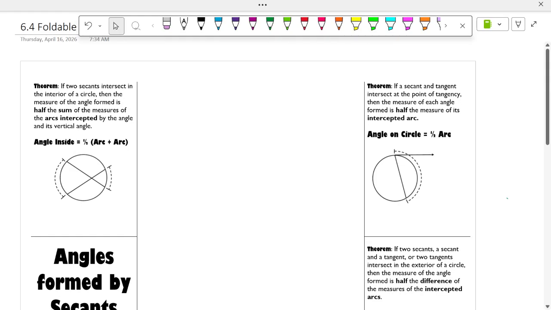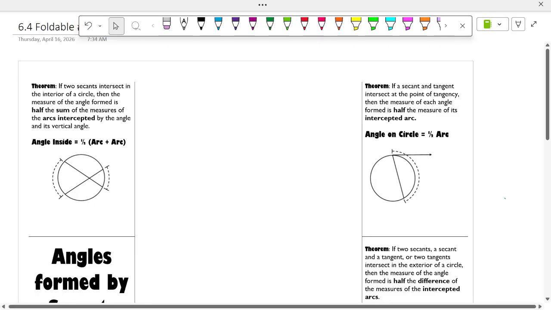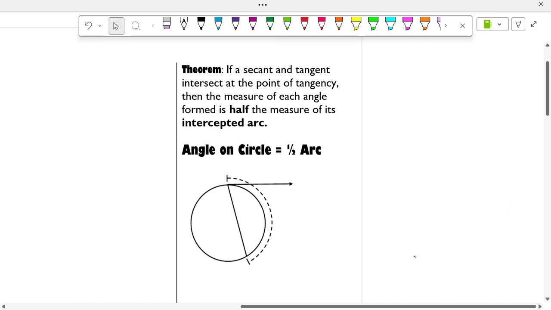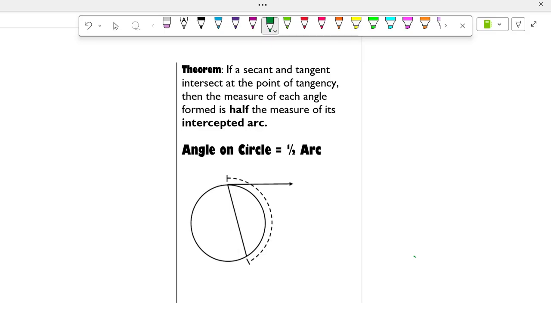So the first theorem is this top one right here. If a secant and tangent intersect at the point of tangency, the point of tangency is basically the only point that the tangent line hits the circle on. So it's the point the tangent hits the circle.